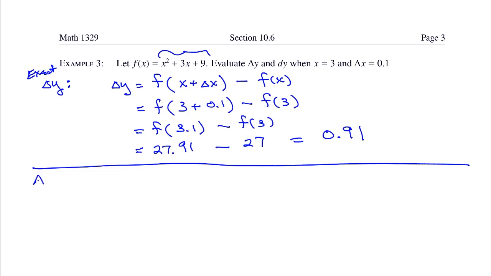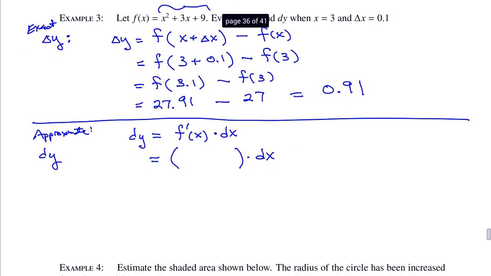Next, we want to find the approximate change. The approximate change is the dy, the differential of y. So the first thing we will do is we will find dy is equal to f prime of x times dx. The derivative of x squared plus 3x plus 9 is 2x plus 3.